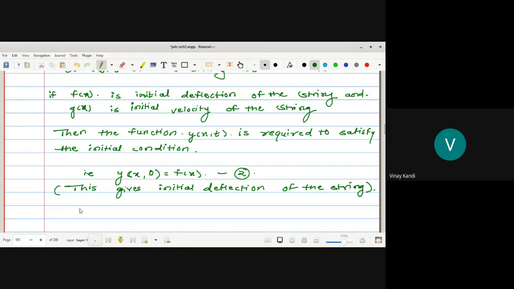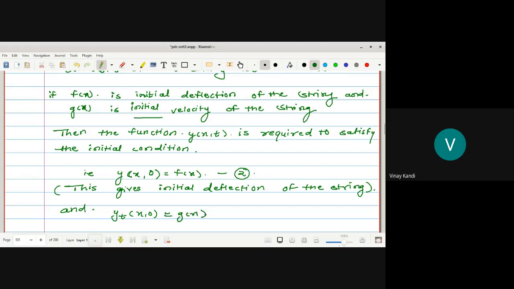Okay, and if y of x is the deflection at point x at any time t, then yt of x0 is nothing but velocity. Differentiate with respect to time and we get the velocity. So yt of x at time 0 is equal to what? g of x.